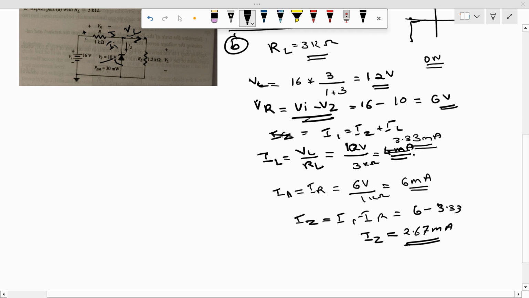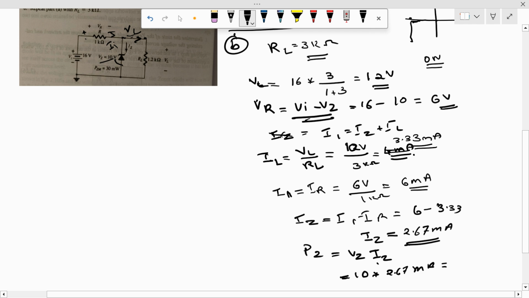Then again we have to find the power PZ, which is equal to VZ into IZ. We already know VZ is 10 volt, and IZ we already got as 2.67 milliamps.